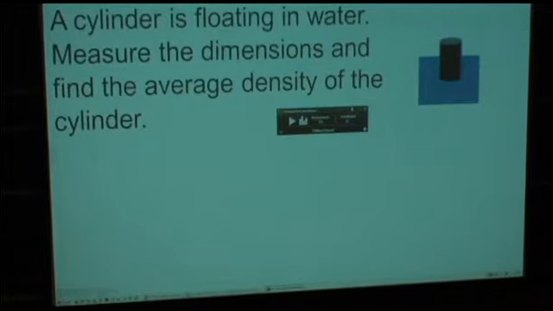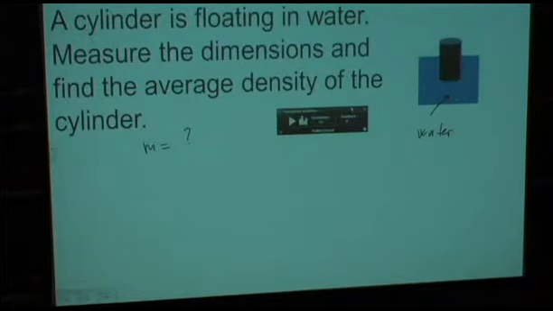So I'm going to give you some time to solve this problem, not for the density, for the mass. M equals, I will measure dimensions, and this is water. If I know the dimensions, I can calculate the volume. If I know the volume and the mass, I can calculate the density.